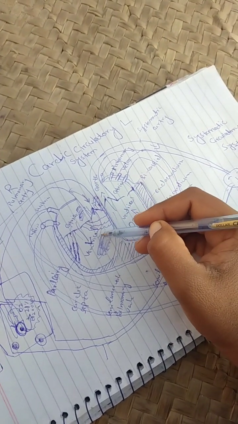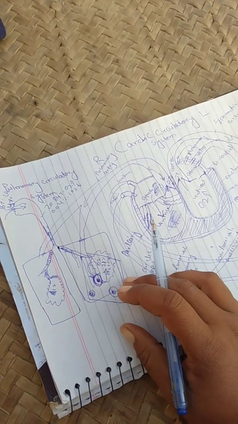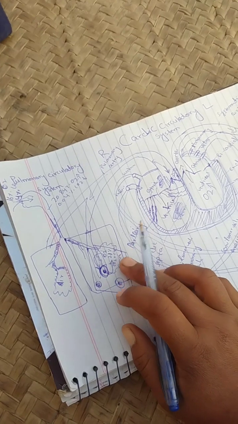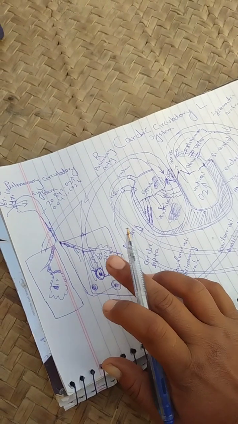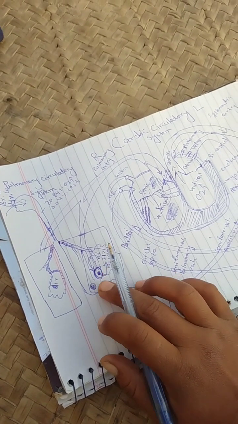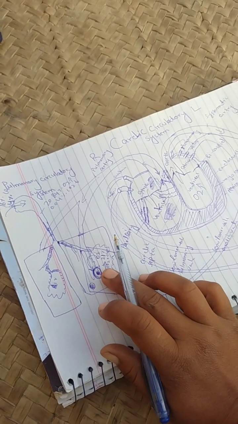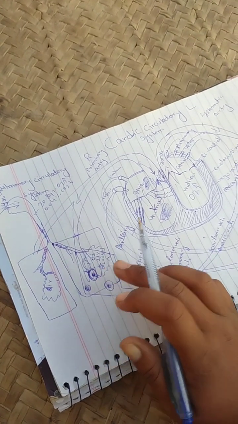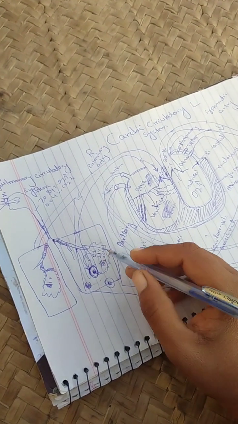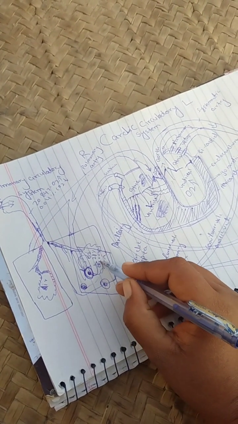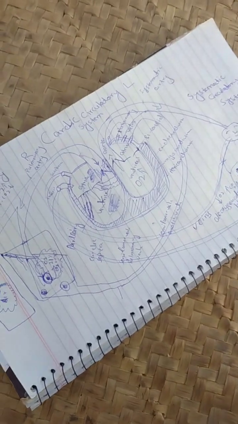In this way the right atrium again pumps this blood into the pulmonary arteries. The pulmonary arteries carry this deoxygenated blood into the lungs, where oxygen is at higher concentration. In the blood in the capillaries oxygen concentration is low, so due to the concentration gradient oxygen moves from higher to lower concentration, and carbon dioxide moves from the blood into the alveoli.